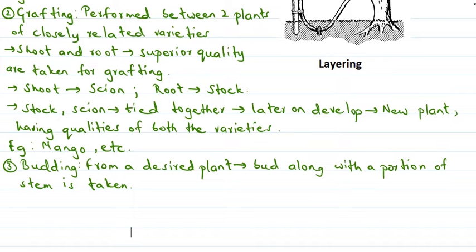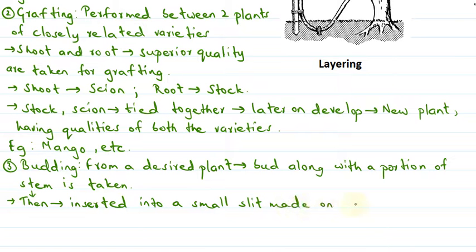Then it is inserted into a small slit. This bud along with the stem from the desired plant is inserted into a small slit that is made on the bark of another plant.